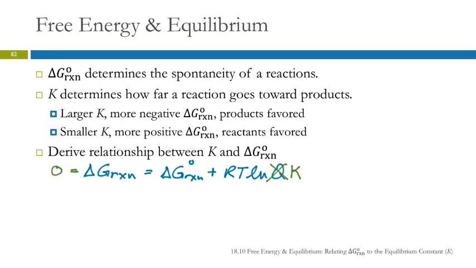So now we have 0 equals standard delta G plus RT natural log of K. So we can move the standard delta G to the other side. That's going to be negative RT natural log of K. And we don't really like that negative sign on the left side, so I'll multiply everything by -1, and there's the minus sign.